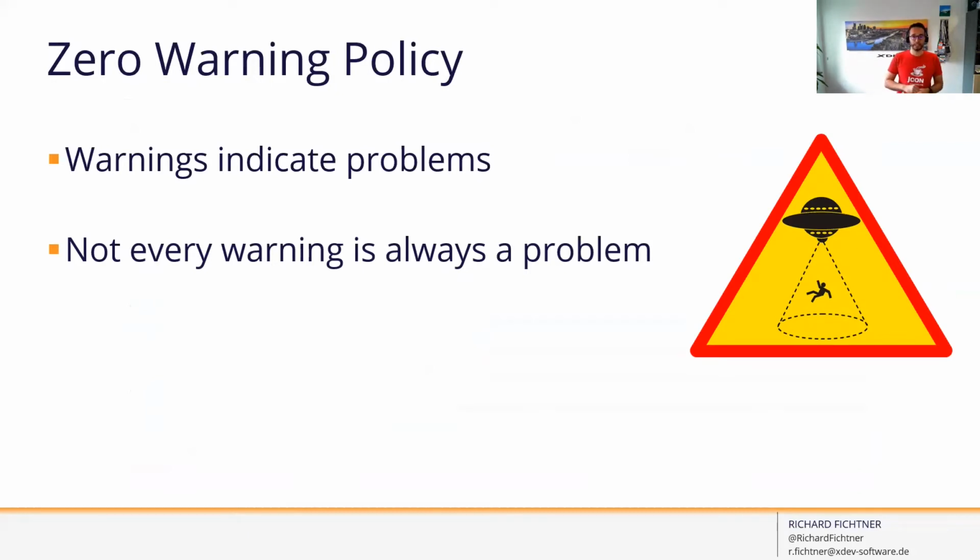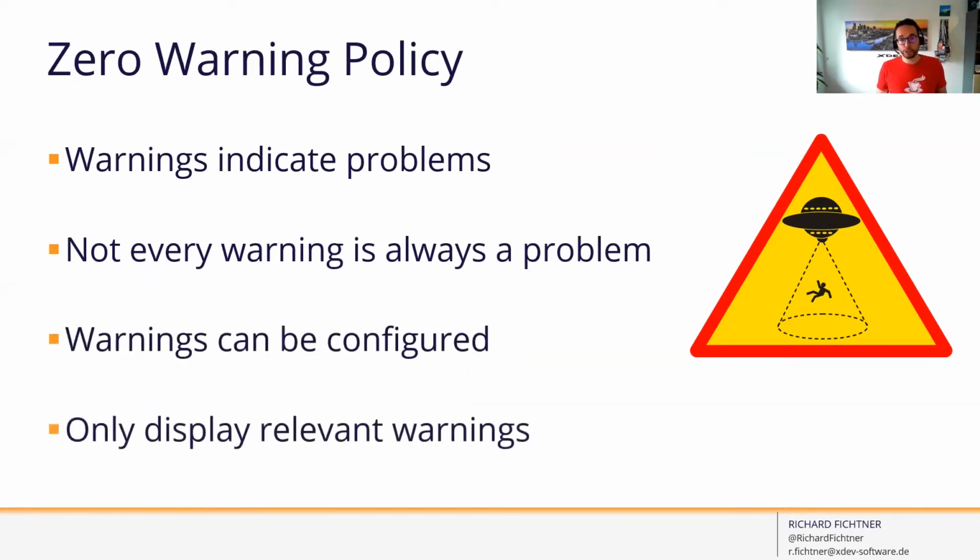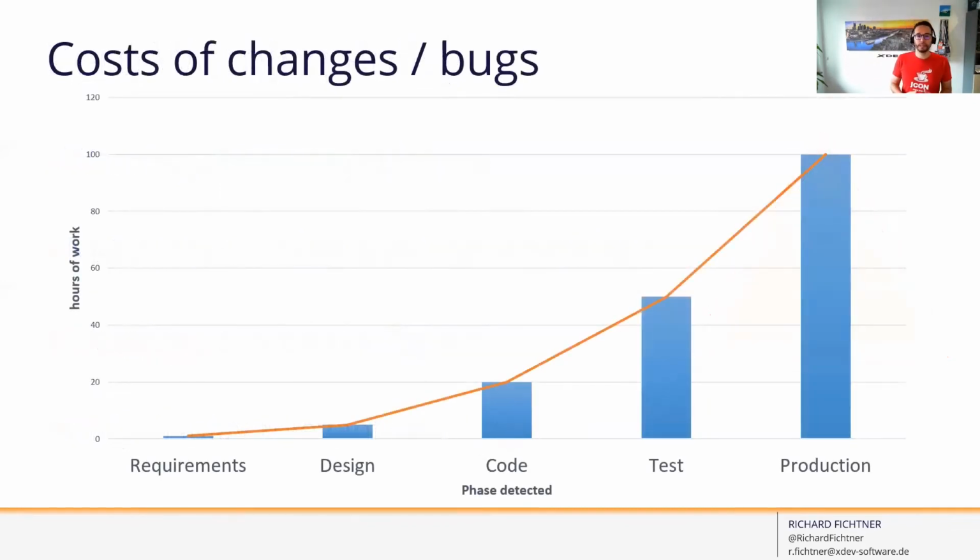So this is not a warning. This is like a happy day for me. Okay. So make sure to configure your warnings and display only the relevant ones, so you don't have to fix everything. If you don't use serialization in your project, maybe you can disable that, okay? But think hard about what to disable and what not. Disabling all warnings is not the solution. Okay, let's see.